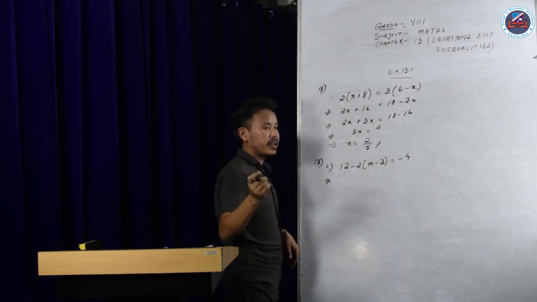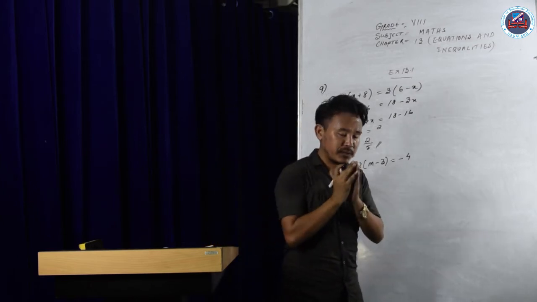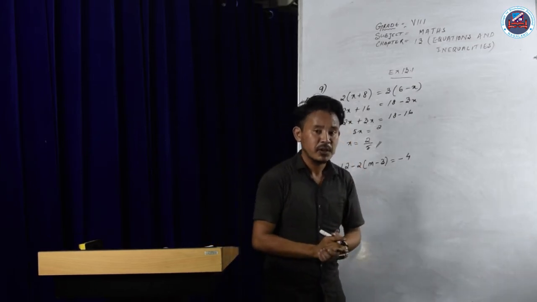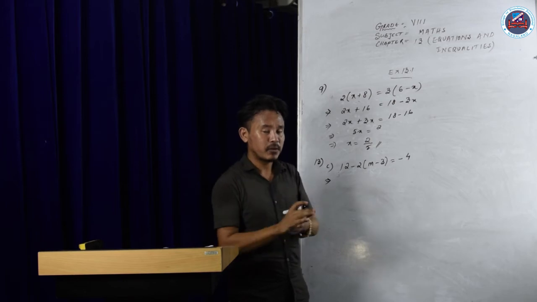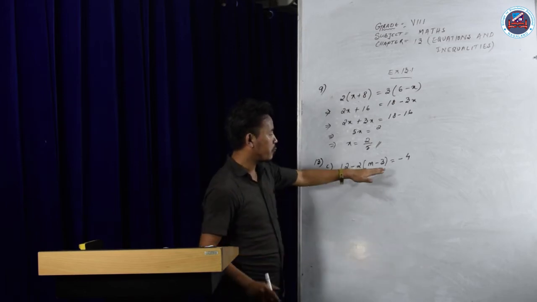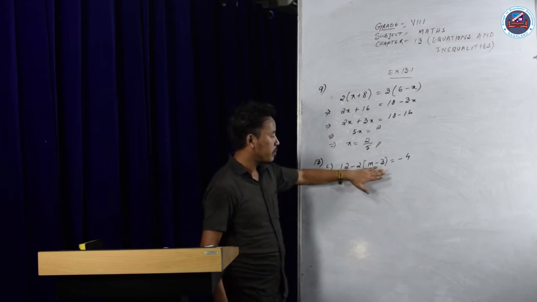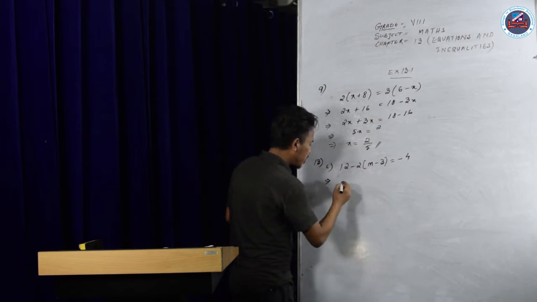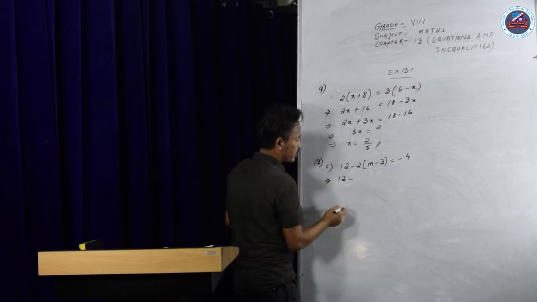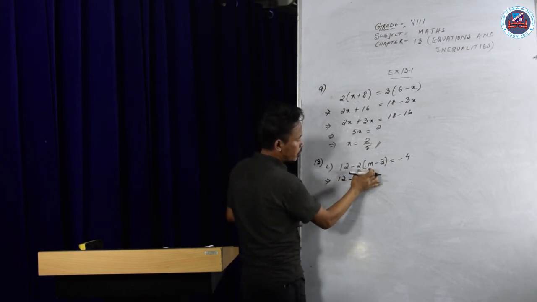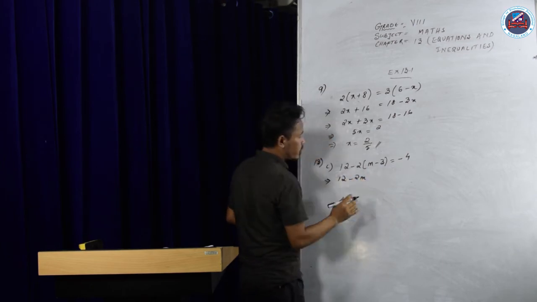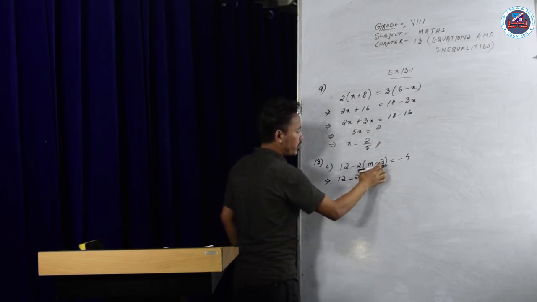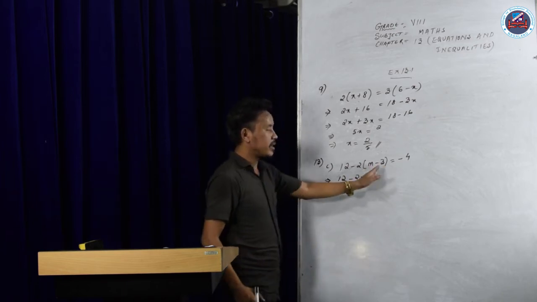So the first thing we do when we simplify is we follow the rule of BODMAS or BIDMAS, as you say. So the first thing we have to do here is remove the brackets, right? Okay, let's get started. 12 minus, when you remove the bracket, 2 into m gives me 2m. So now upon removing the bracket, what happens? The sign changes.